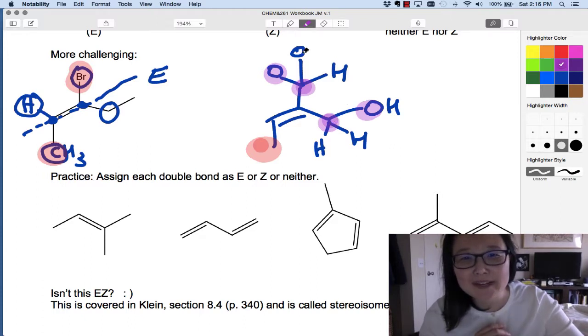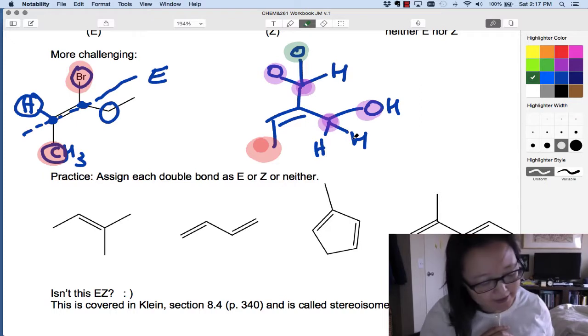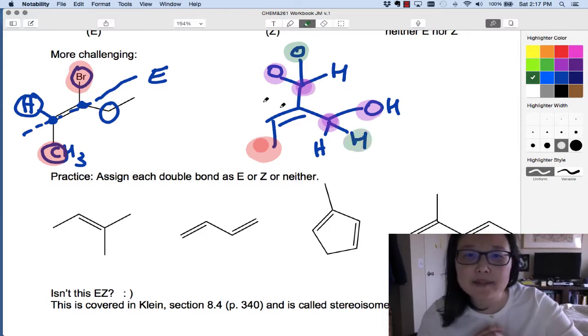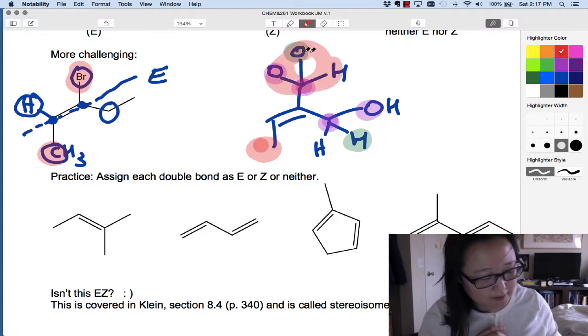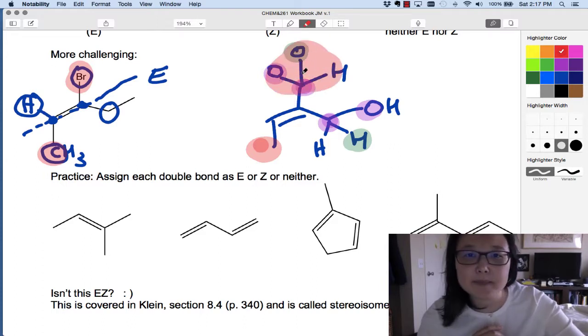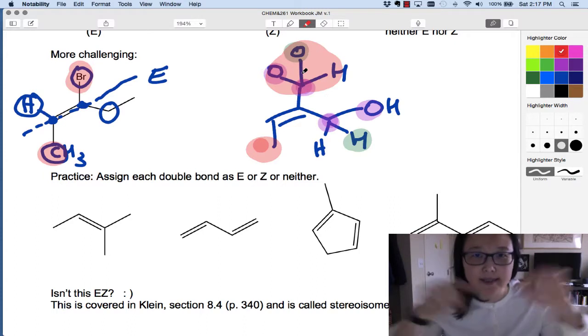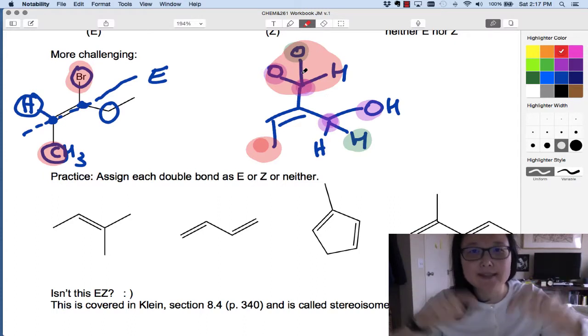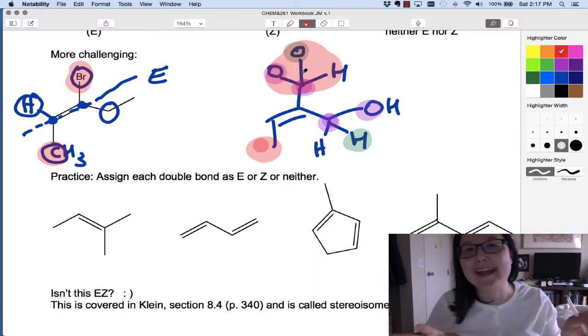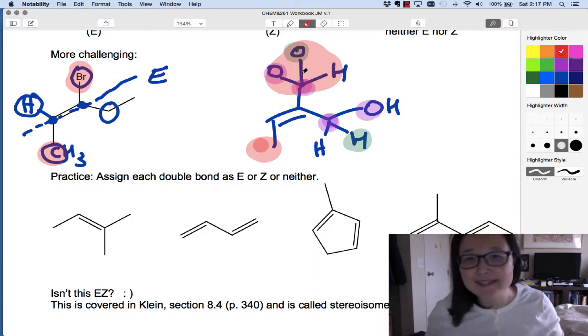So here the next highest one is the oxygen, but over here the next highest one is the hydrogen. So that's why this group is going to win overall. Based on that analysis. The next heaviest one, okay, go back, the next heaviest one, go back, the next heaviest one. You keep branching out like that until somebody wins, okay?